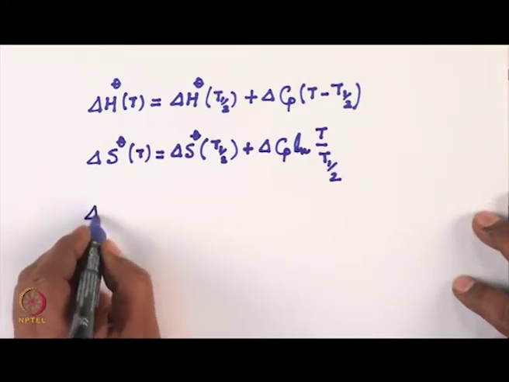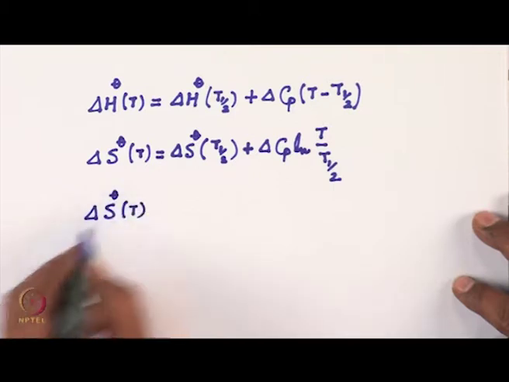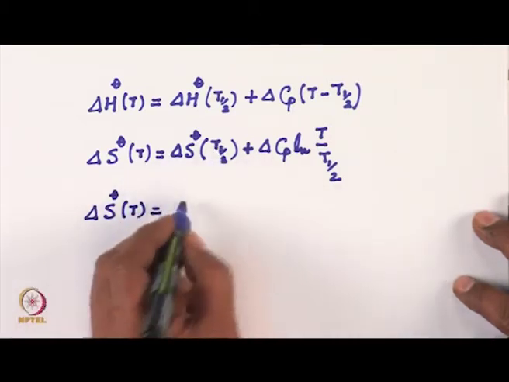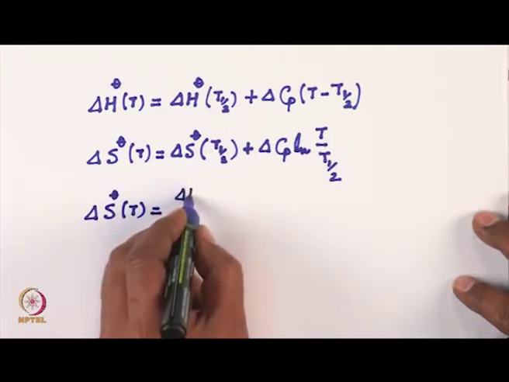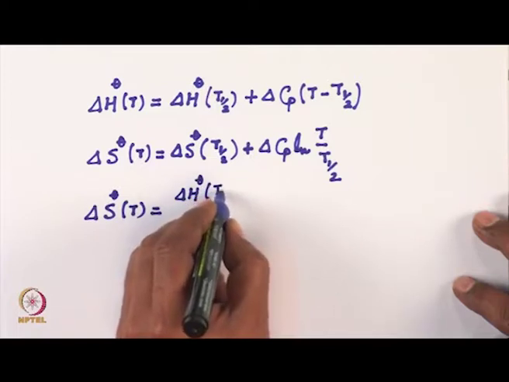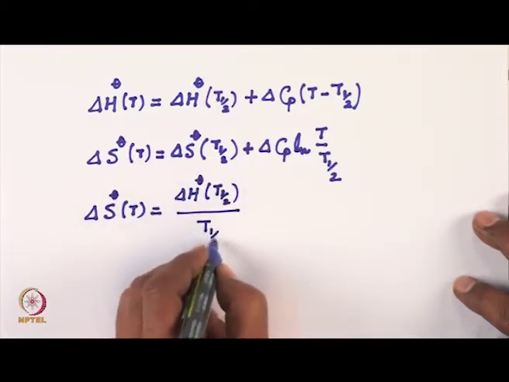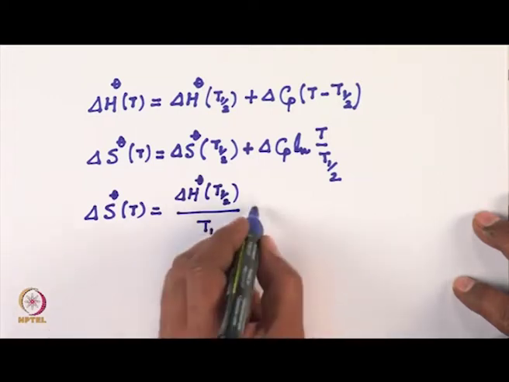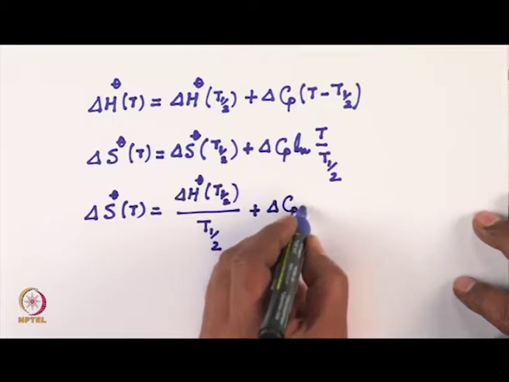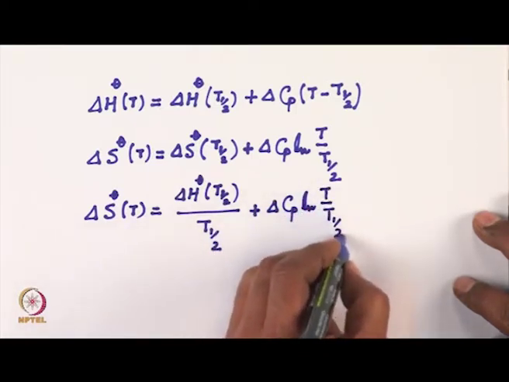I can further write this as delta S naught at a general temperature T. Instead of delta S naught T half, as I just derived, delta S naught at T half is equal to delta H naught at T half divided by T half plus delta Cp log T by T half.